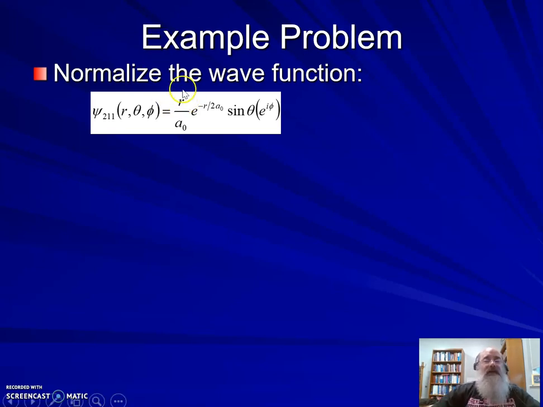It's got the r polynomial that we've talked about, not a particularly complicated one, the r exponential that we've talked about, both in terms of a0 as a constant, and it's got the sine and the angular portions, theta and phi, that we've talked about in the spherical harmonics.